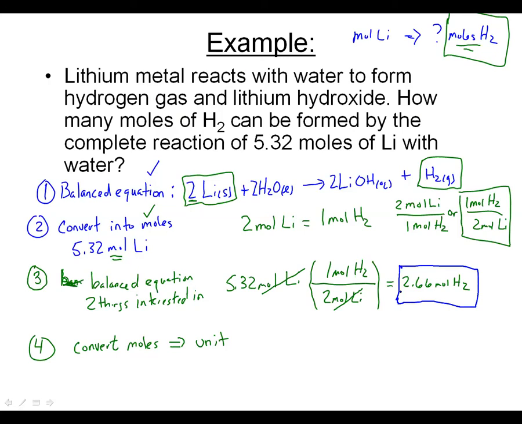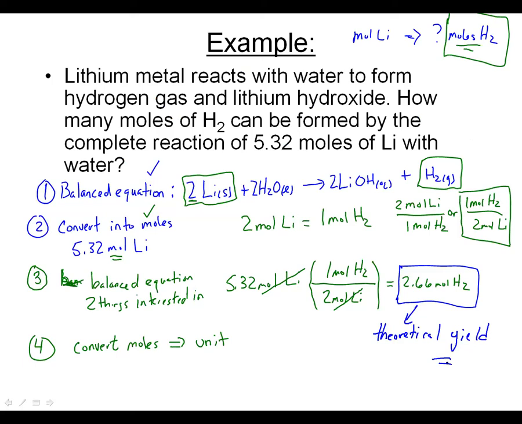Now, whenever you figure out from an equation using stoichiometry how much product you would make, this number represents what is known as the theoretical yield. The theoretical yield is basically the maximum amount of product that you would make.